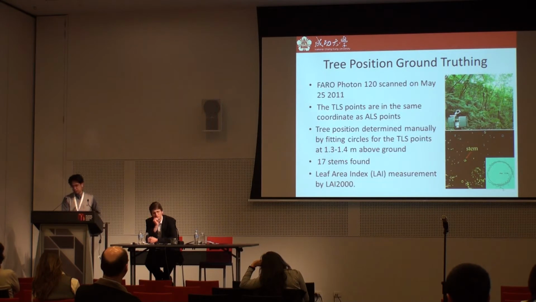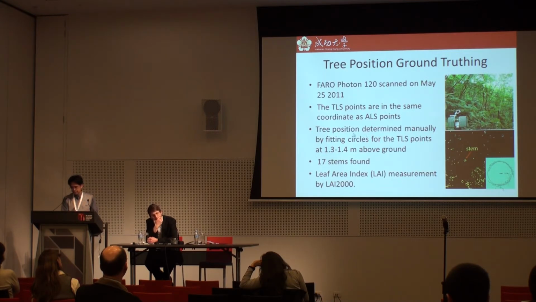And later I'll show you that's quite a good assumption. And we make sure the TLS points are in the same coordinate as the ALS points, so we can match the tree positions determined from the ALS data to those found in the TLS data.